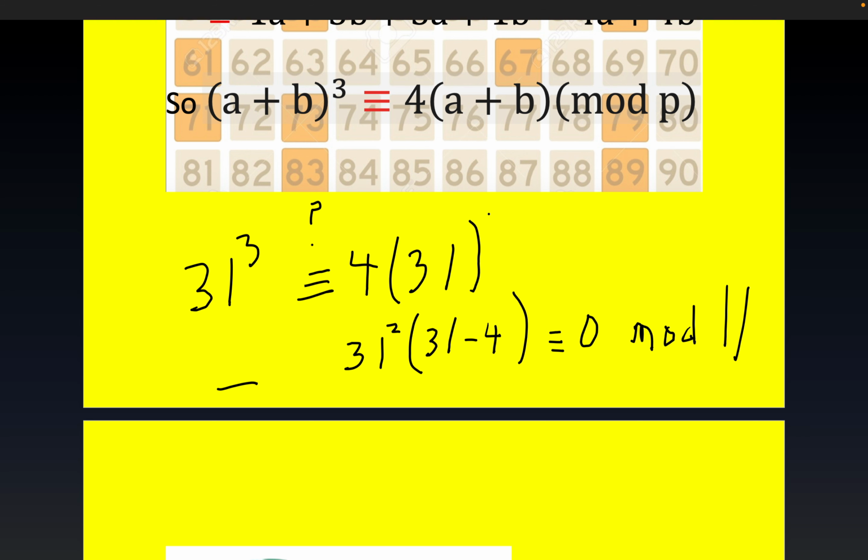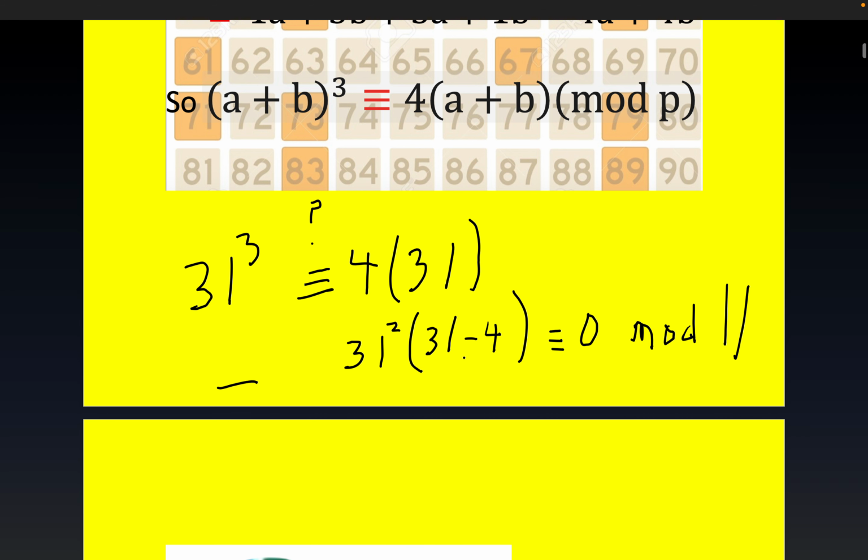Yeah, that's modulo 11. I'm not seeing it right off. Huh. I thought it'd be easier than that. Well, it's just clear that 31 divides. Okay, y'all, I'm not seeing it right here. I gotta go do something.